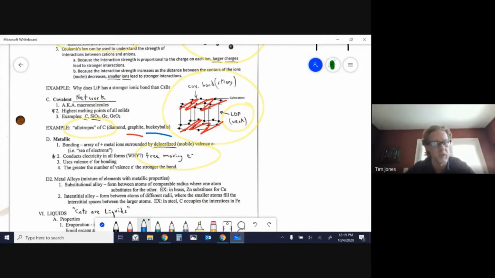It's an interesting geometry. Now, this ball can be stretched out into what are called nanotubes, and it's something that you might be seeing in the future regarding materials being made out of these.